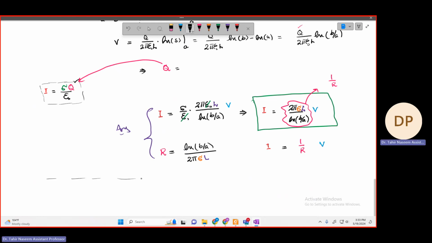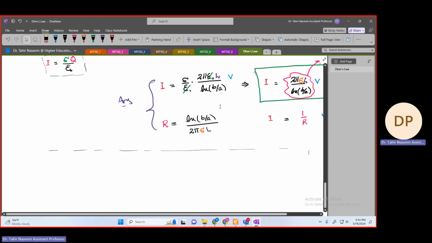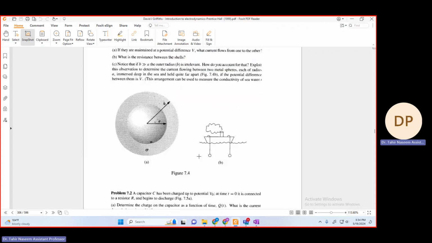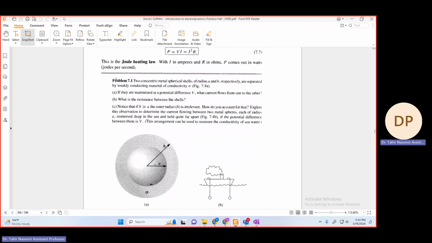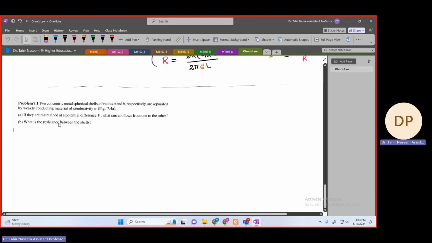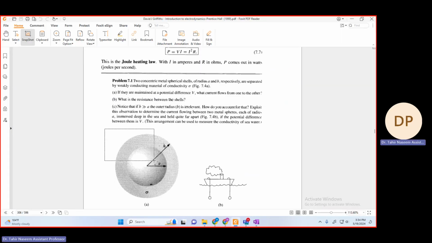Okay. So let's do one more example. This one is quite similar to what we have done. I would encourage you to pause the video and try to solve this example by yourself. So let's do this, copy paste this problem here, and its figure as well.